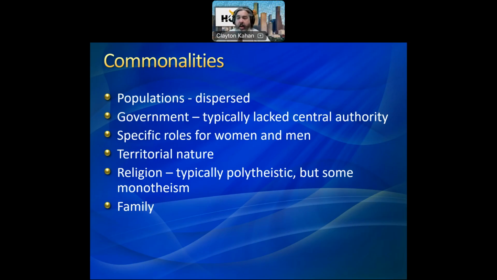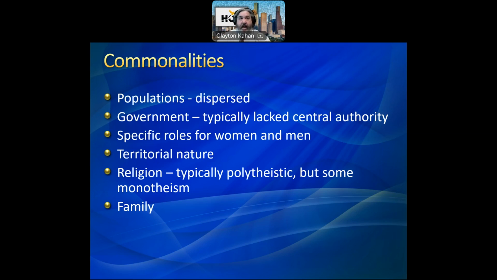Now, for example, you've got groups like the Cottons, and we've got the Comanches and the Karankawa, and they don't all gravitate to one central location. If necessary, they did. The Comanches were a really great example of this. During times of war, for example, they would all gather for a common war council.